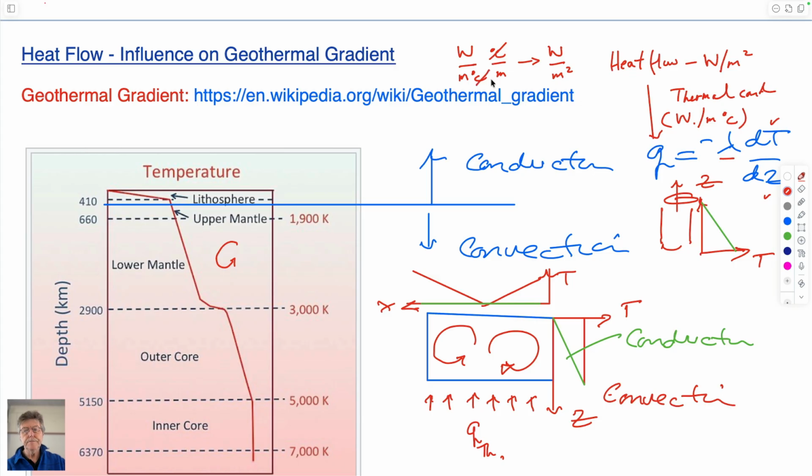These both cancel out. So the negative sign is because the heat flow is in the opposite direction of this gradient, just by convention. Heat flow is not just a scalar property, but it has a direction. It's a vectoral quantity. So the negative has to be in there for that, but it's not too important other than that.